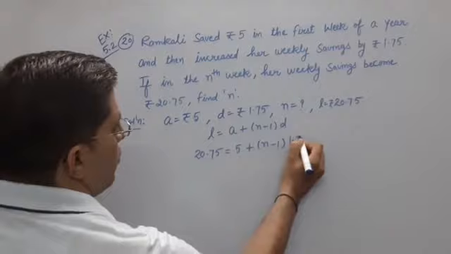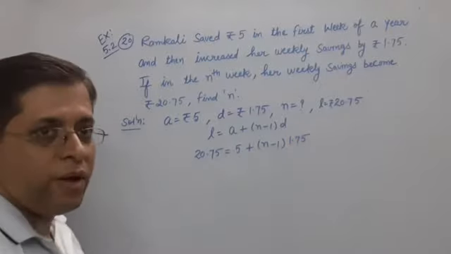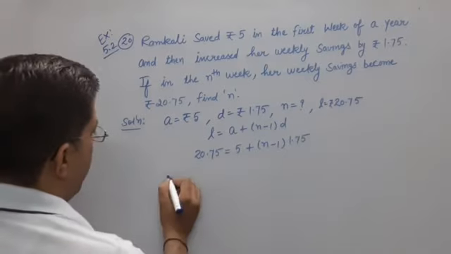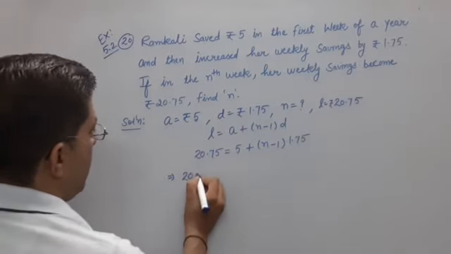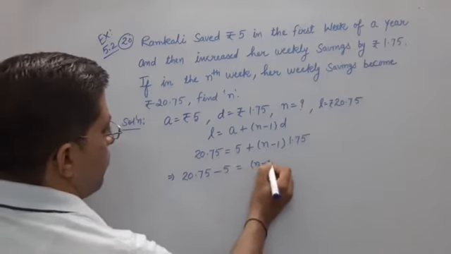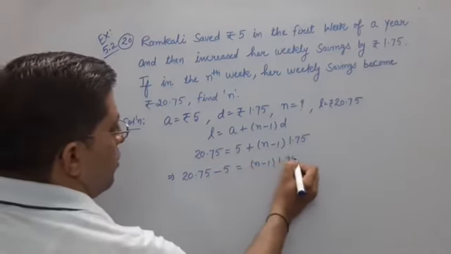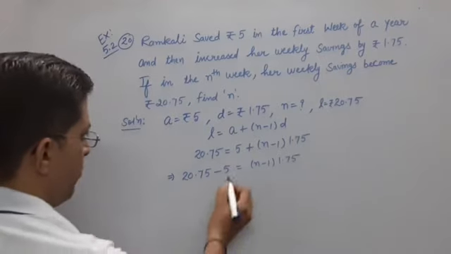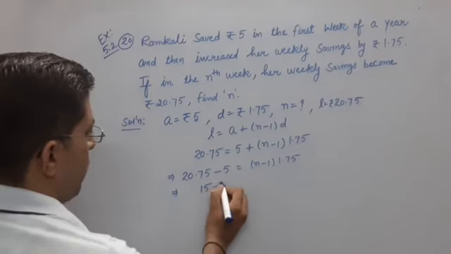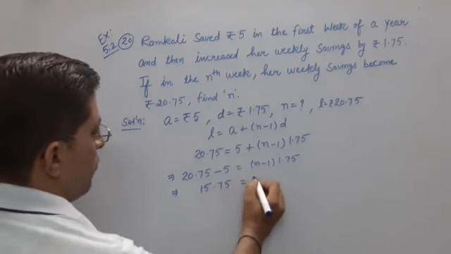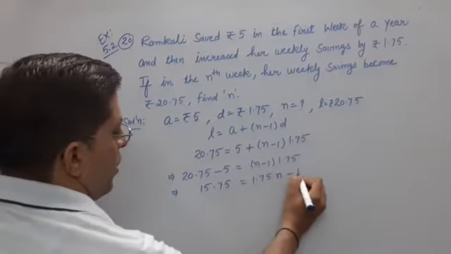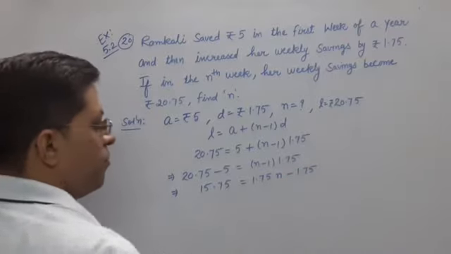What is D? 1.75. Sending 5 to that side: 20.75 minus 5 is equal to 1.75 times n minus 1. This is 15.75, equal to 1.75n minus 1.75.